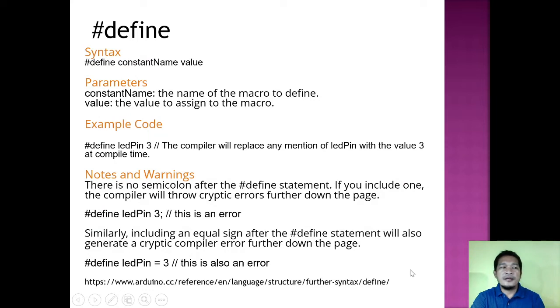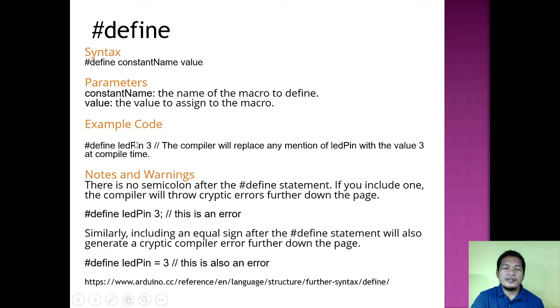Okay, so we have your examples here. This one: number sign define led pin 3. The compiler will replace any mention of led pin with a value of 3 at compile time. So we define the variable led pin.